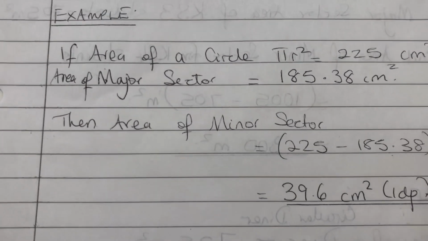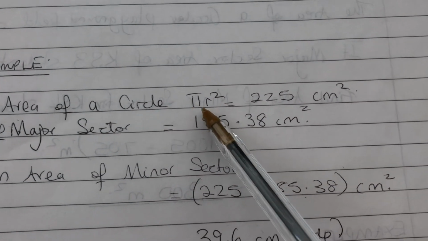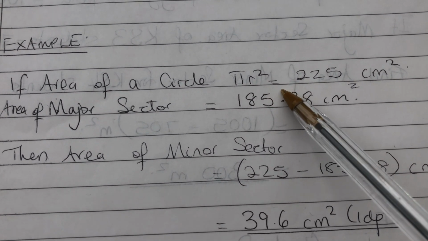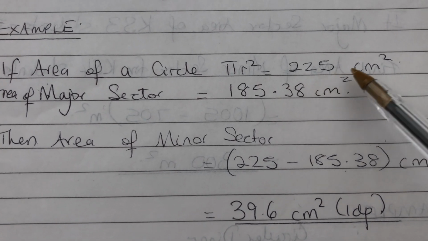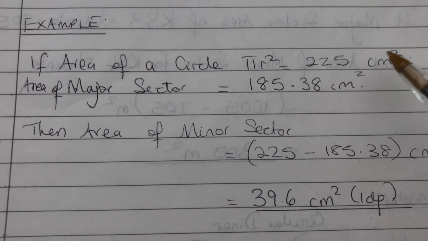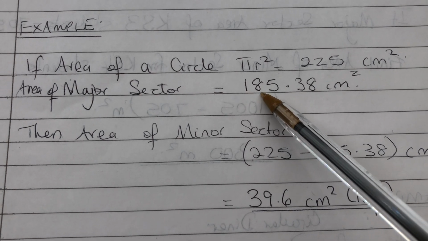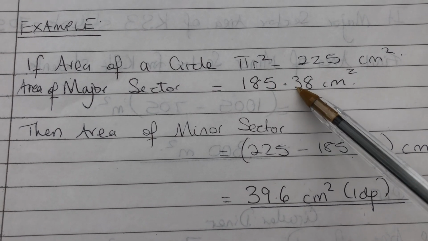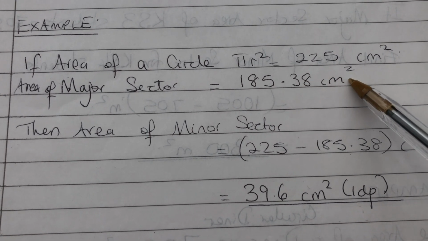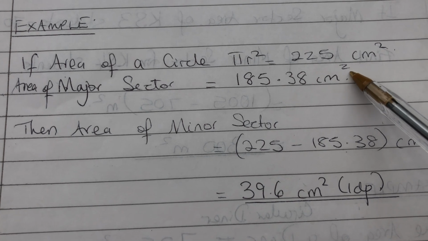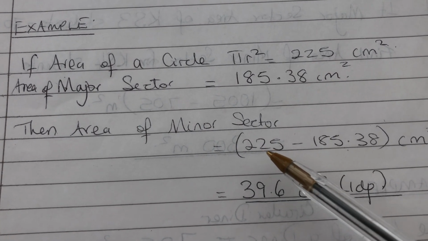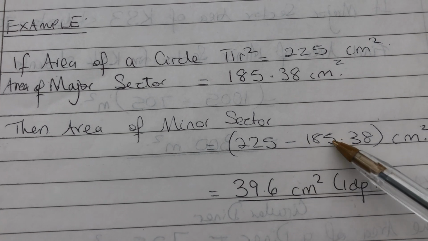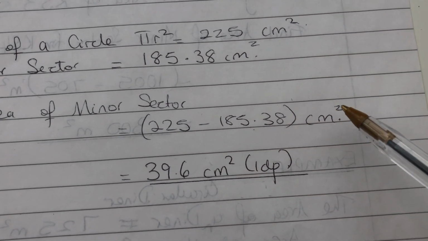If the area of the circle, pi r squared, is 225 centimeters squared, and the area of the major sector is 185.38 centimeters squared, the area of the minor sector, again, will be 225 minus 185.38.